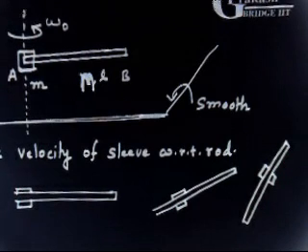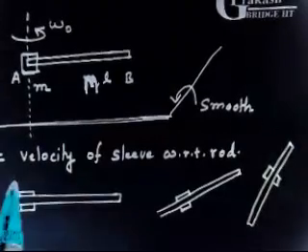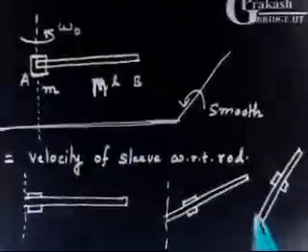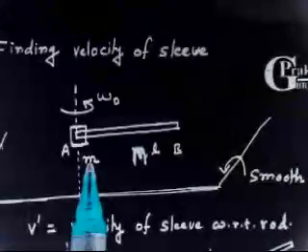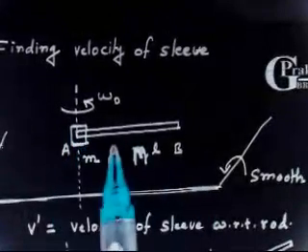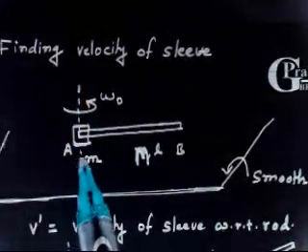Are you getting? Now what we are going to do is apply angular momentum conservation in this case. So let us see this situation. In this case the sleeve and rod apply no force, so about this axis there is no force acting.